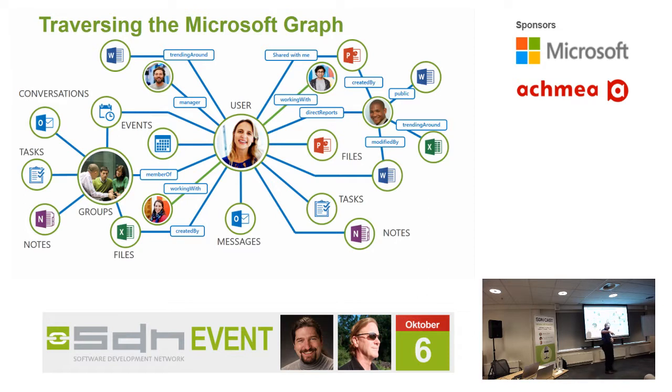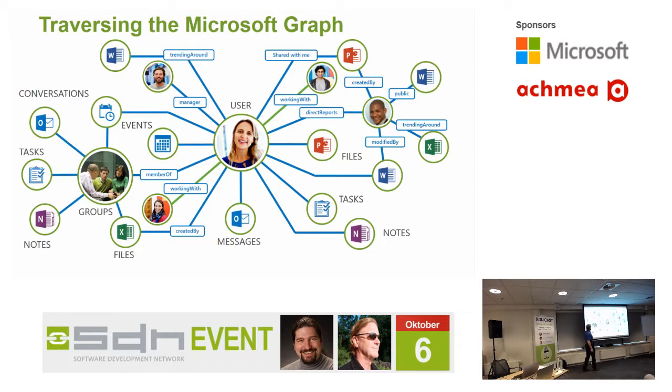So you can traverse this graph by following all these interconnected nodes, which represent the structure of the organization, or the information in that organization. It's really a very powerful mechanism as you traverse and follow these links.